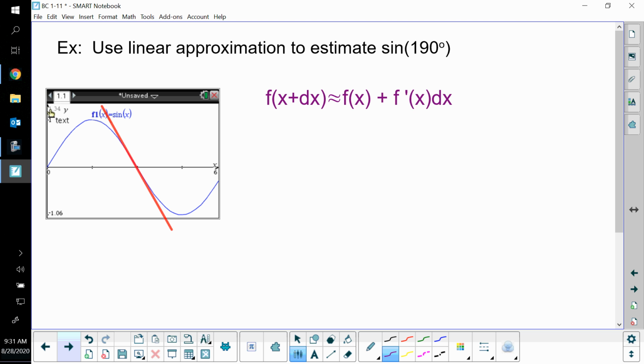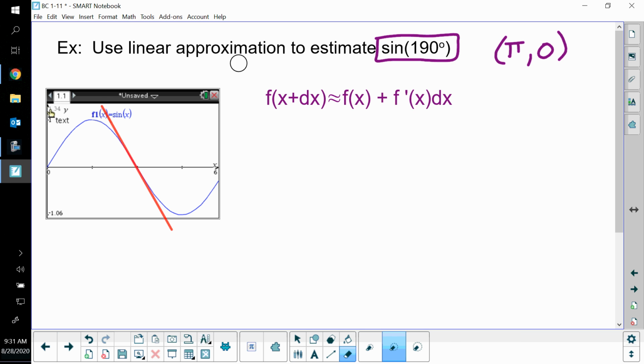All right, so our next one, we're going to use linear approximation again to estimate sine of 190 degrees. Well, something close to 190 that's nice is 180. But remember, we always need to work in radians, so we're going to work with pi, and sine of pi is 0. So we need to think of what we're really estimating in terms of radians.